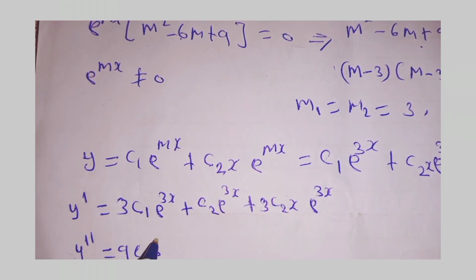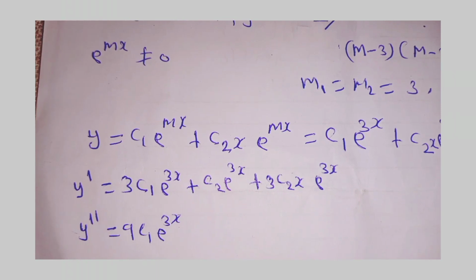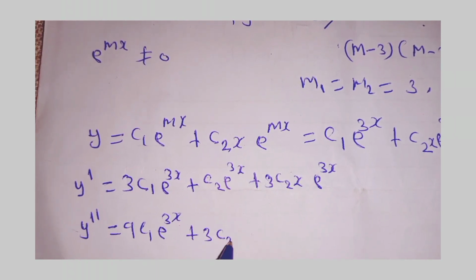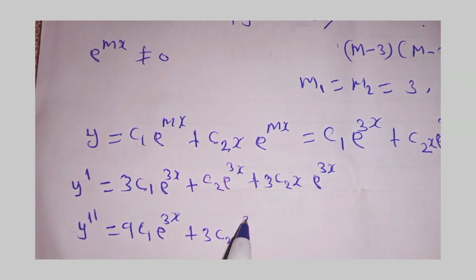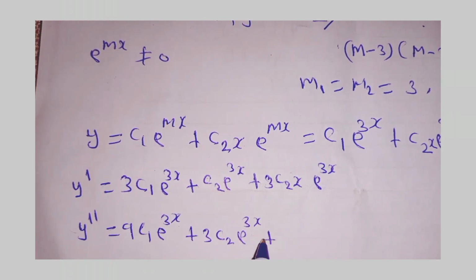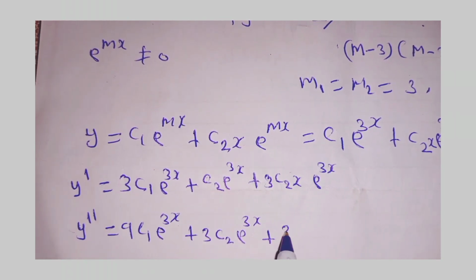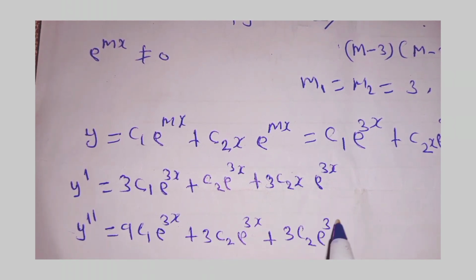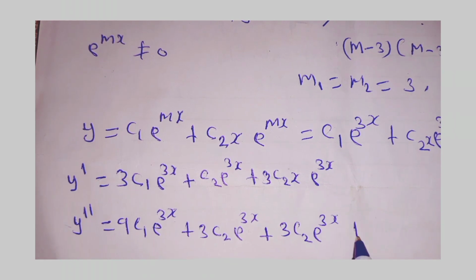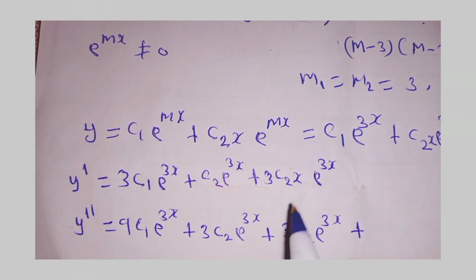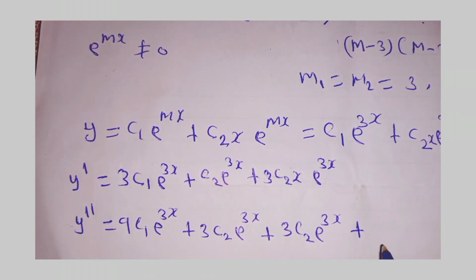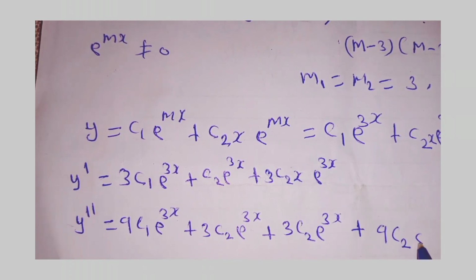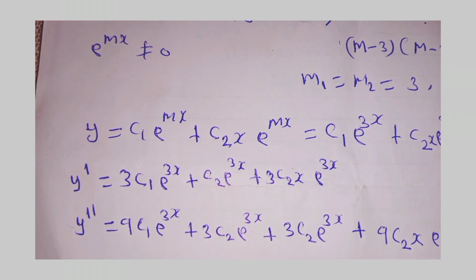c1 exponential 3x plus 3c2 exponential 3x plus 3c2 exponential 3x, then plus 9 c2 x exponential 3x.